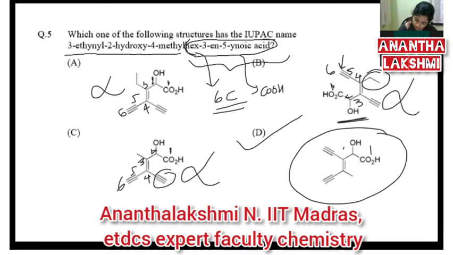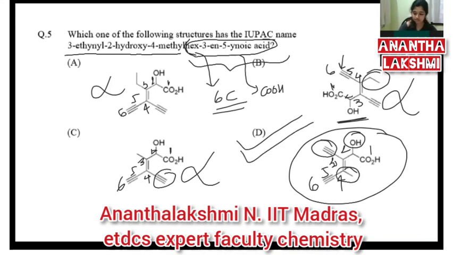So 1, 2, 3, 4, 5, 6. Okay, 3 is bad, and you understood that. So here, if we check, at 2 we have hydroxy, perfect. Now at 3, exactly at 3 we have ethynyl, and at 4 we have methyl. Yes, everything works, so this is the right answer.